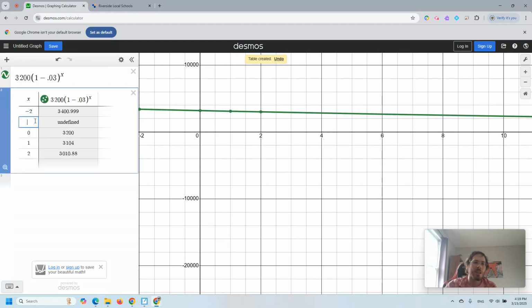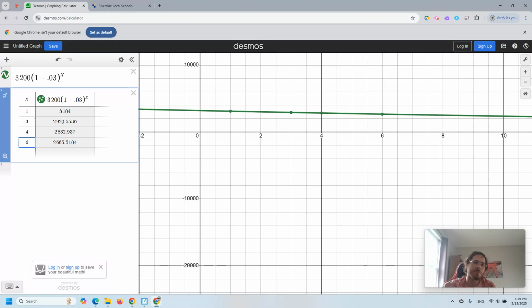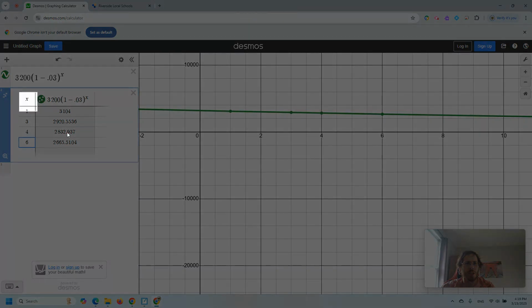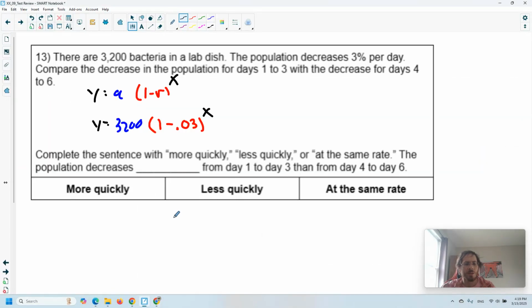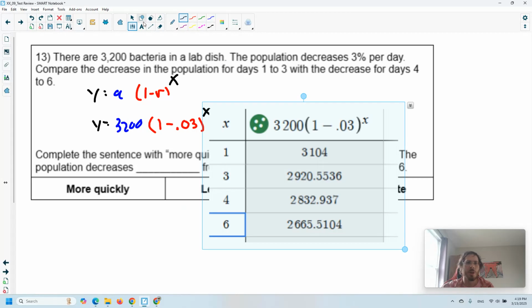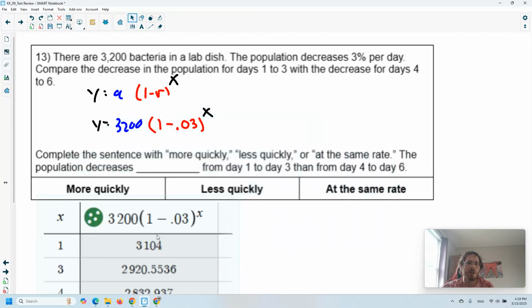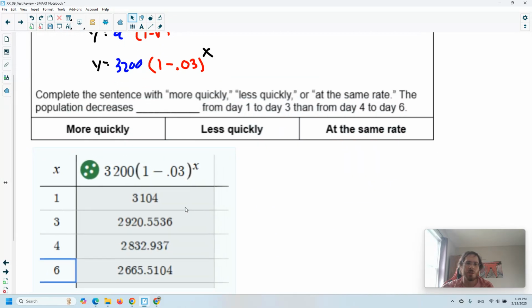I don't want any of these negative values. I just want to go from 1 to 3 and then from 4 to 6. And these are the values that I have.